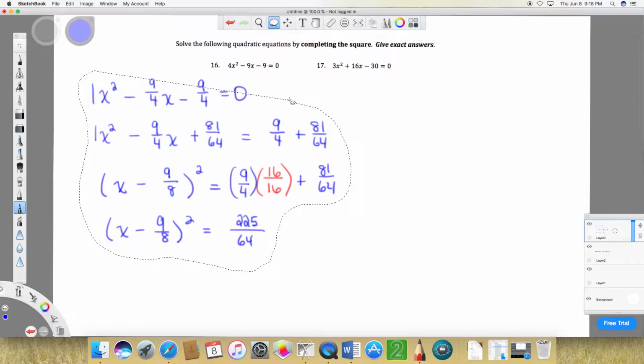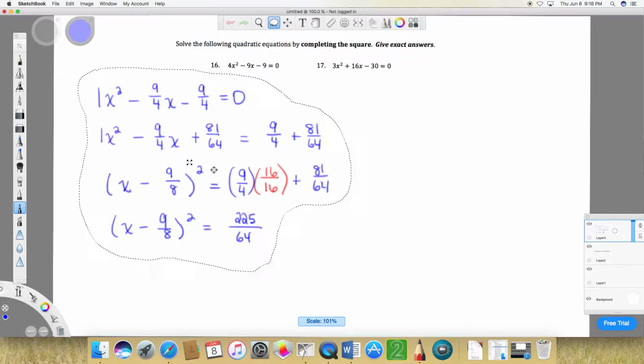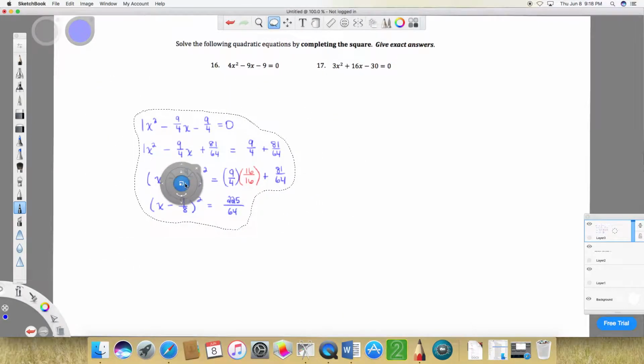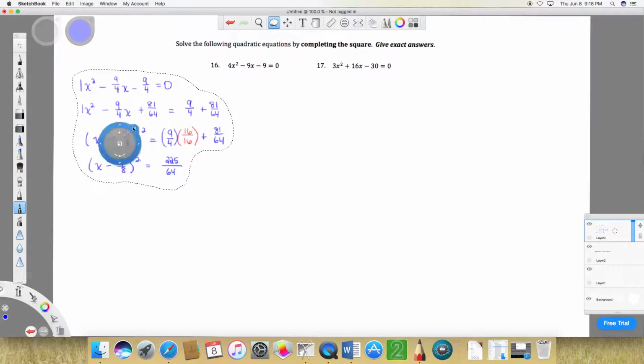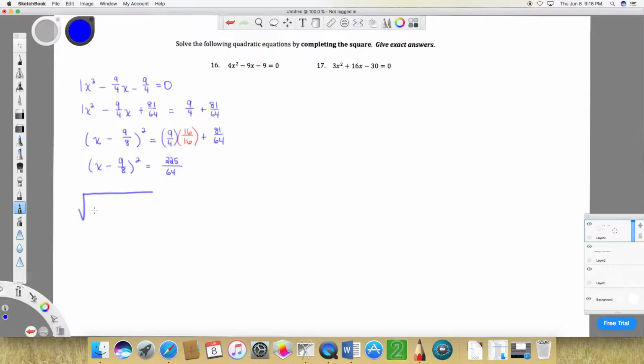Now that we have a perfect square, we can take the square root of each side. And I've mentioned in a previous video my thoughts about explaining to you why, when you take the square root, you have to introduce a plus or minus symbol.